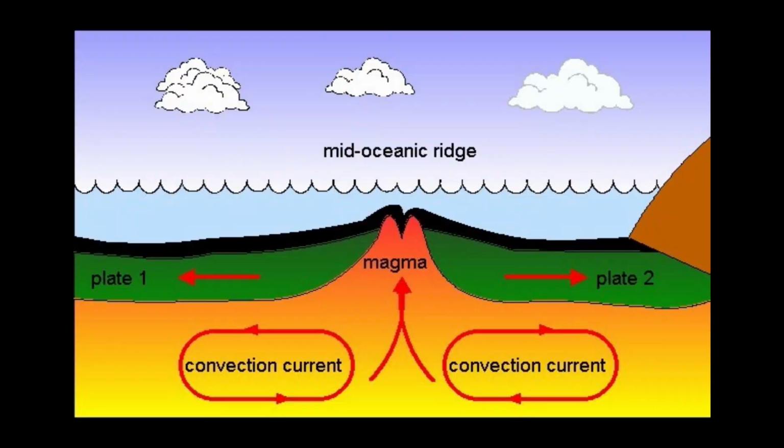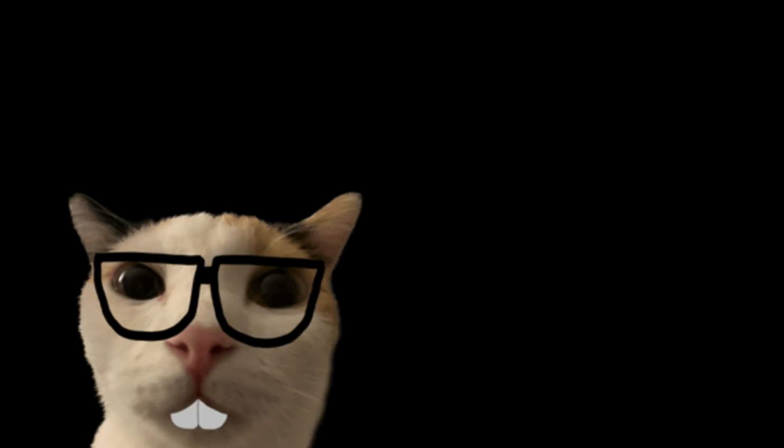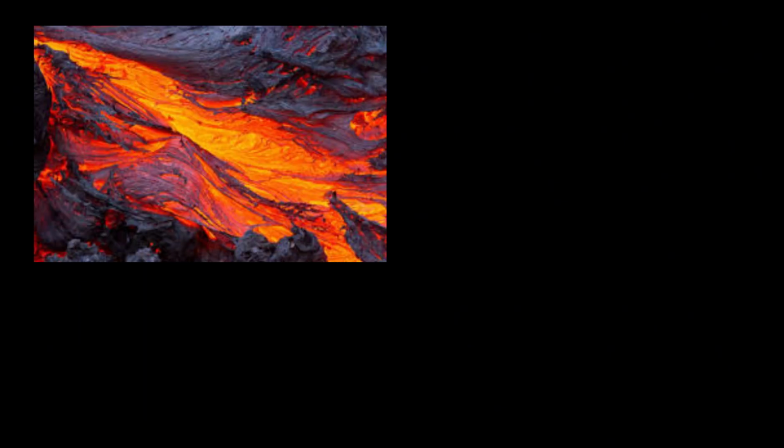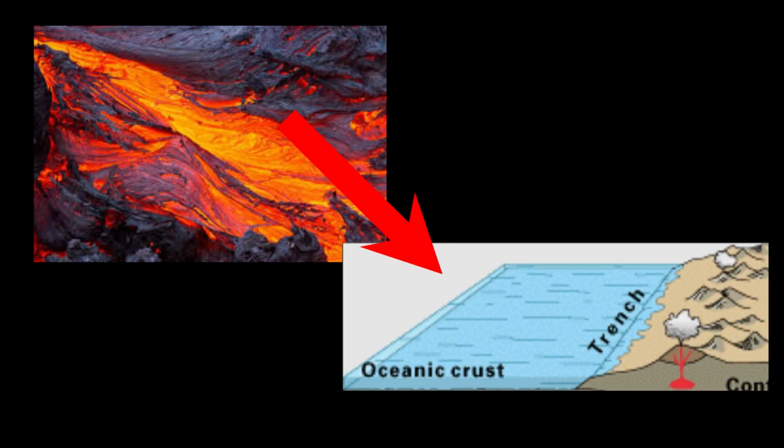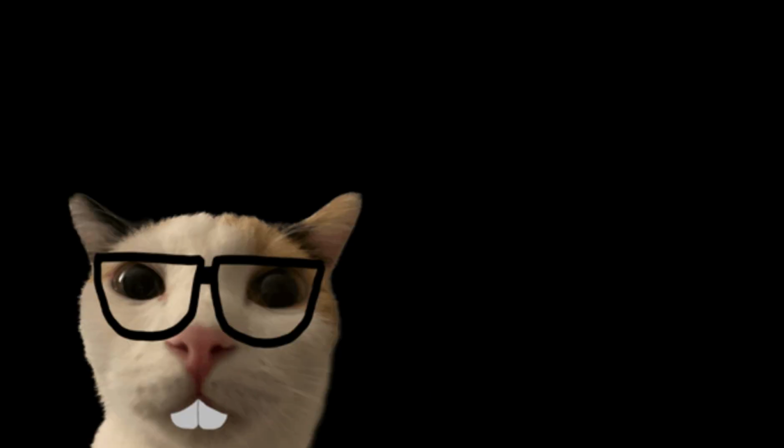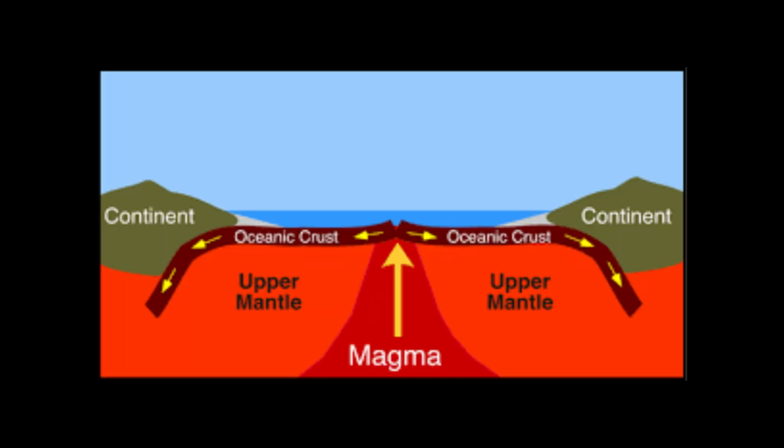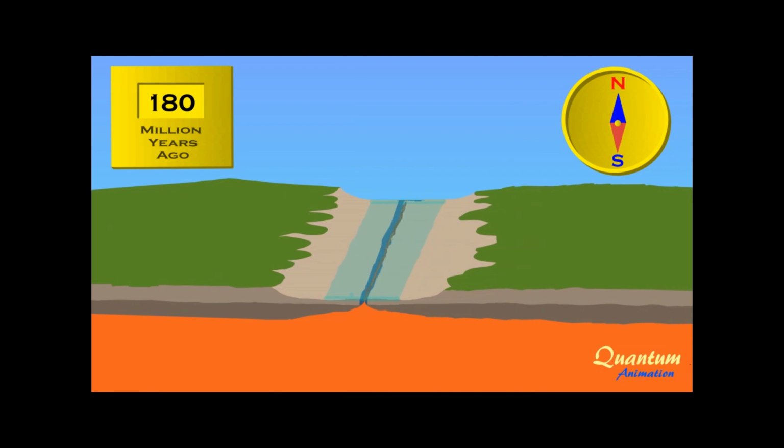As the magma reaches the ridge, it erupts and begins to cool rapidly when it comes in contact with cold seawater. This cooling process causes the new magma to solidify into new oceanic crust, which forms a narrow strip right along the ridge.